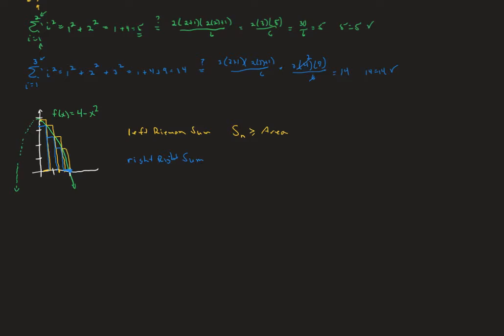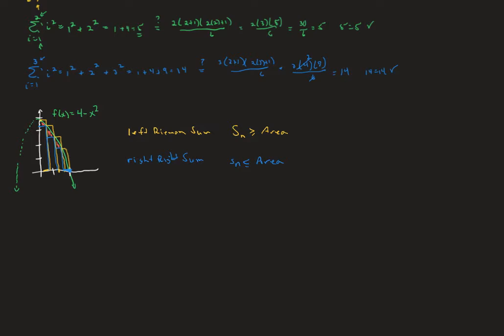Now you can see here that there are a bunch of gaps that we are not accounting for. So we can see then that our right Riemann sum, I'm going to call that a little s sub n, is going to be less than or equal to the true area under the curve.